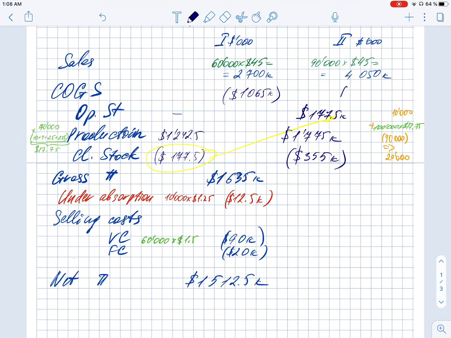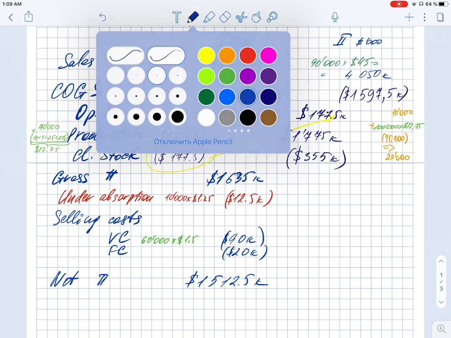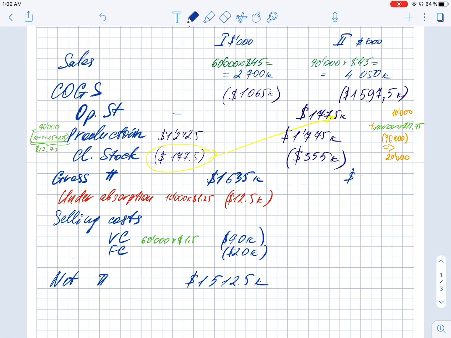Cost of sales would be $1,597.5 thousand, and gross profit would be 2 million, I will change the color, $2,455,500. And for the second quarter, we have also to consider over or under absorption.